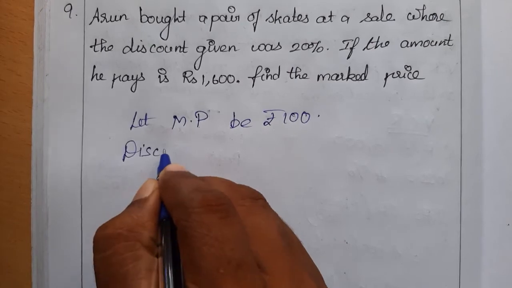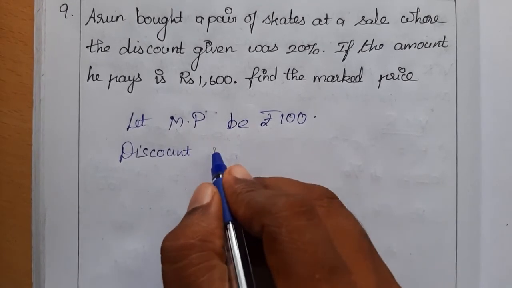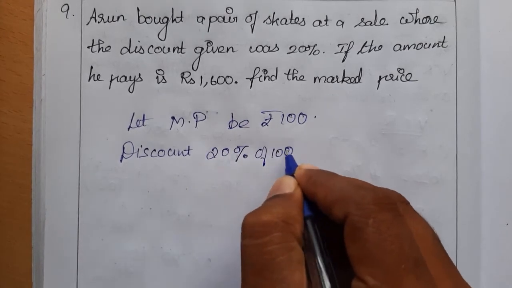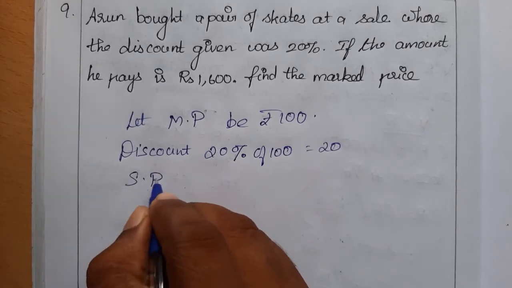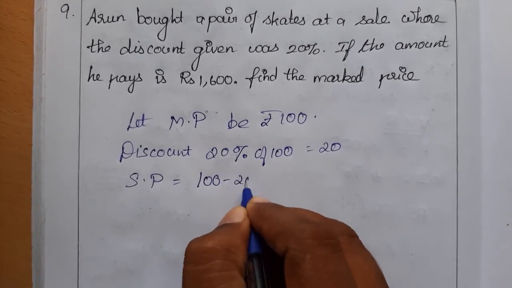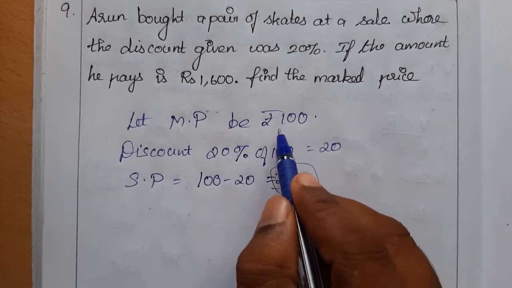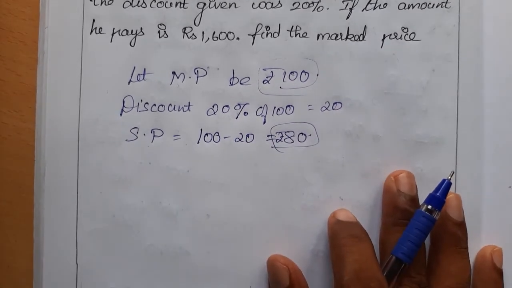So a discount of 20% of 100 means we get 20 as discount. So the selling price will be 100 minus 20, which is equal to 80. So they sold for 80.